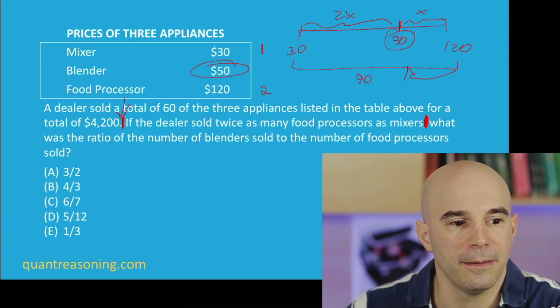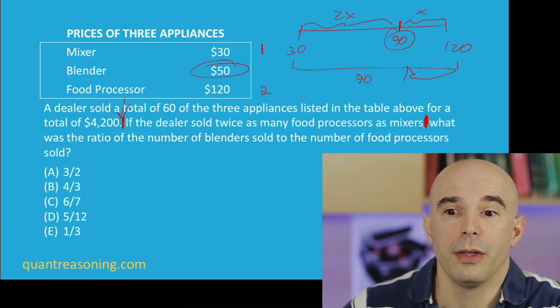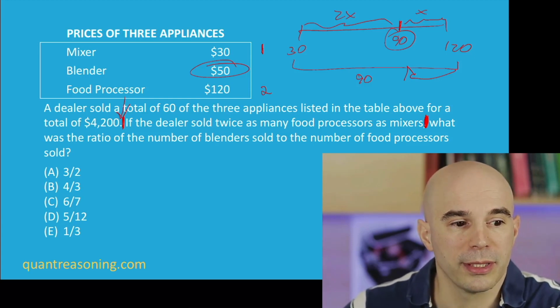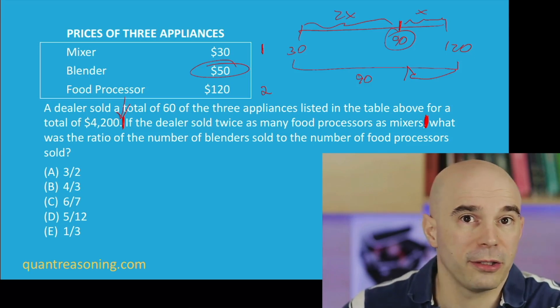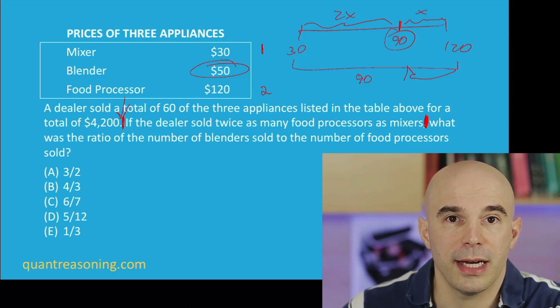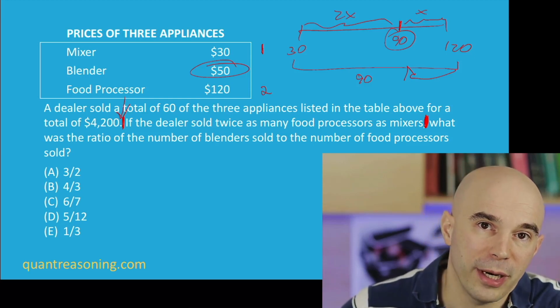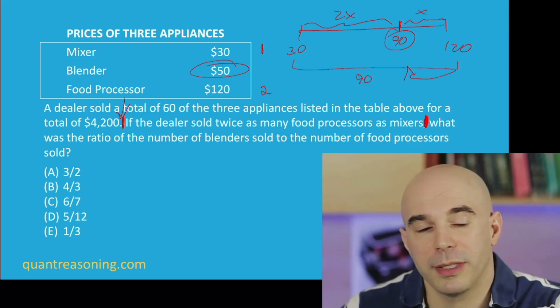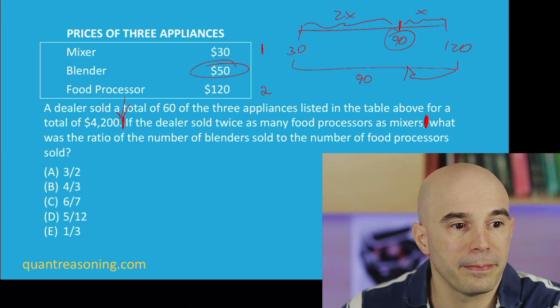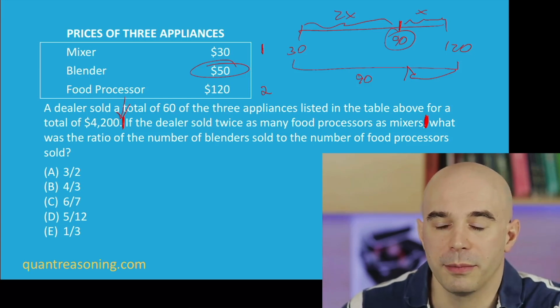What does that tell you? Exactly, the total number of blenders has to exactly match the total number of mixers and food processors combined. Because the overall average for all 60 appliances is exactly halfway between the price per blender and the average price per mixer/food processor. 70 is exactly in the center between 50 and 90 on the number line.